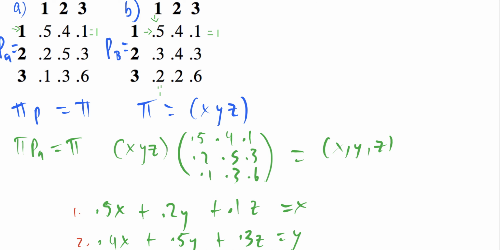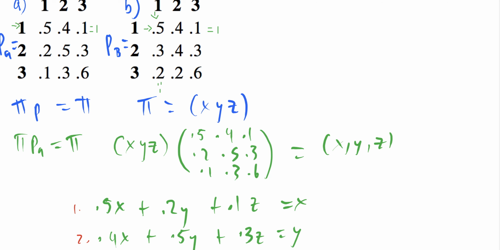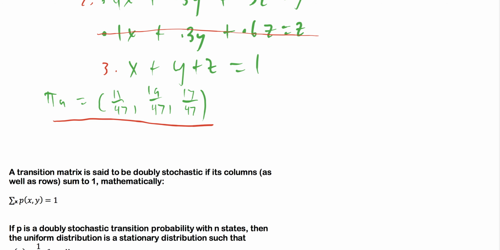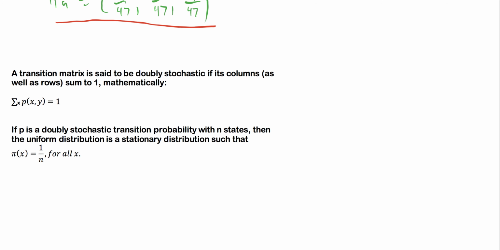Since our part B is doubly stochastic and we have 3 states, we can then move on to a theorem that states if P is a doubly stochastic transition probability with n states, then the uniform distribution is a stationary distribution, such that our stationary distribution is just 1 over n. Like I said, above we have a matrix that's doubly stochastic, all of its rows and all of its columns sum to 1.